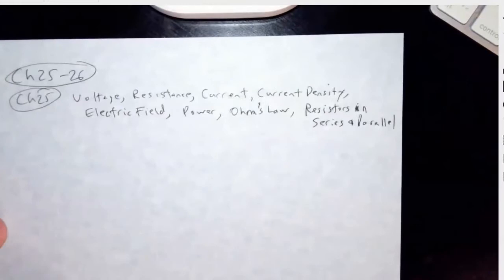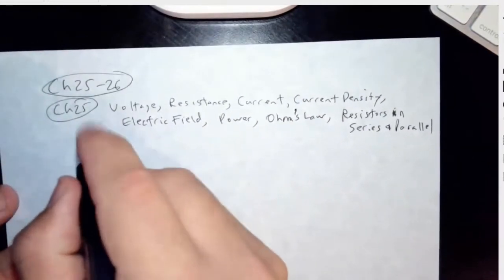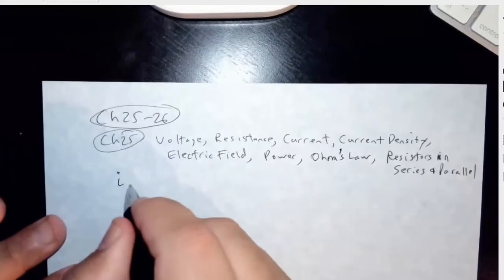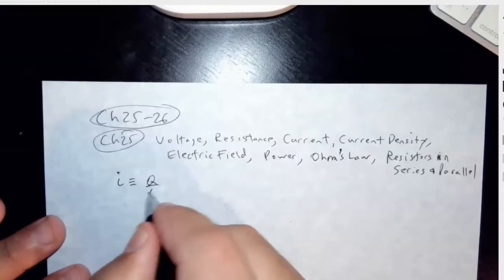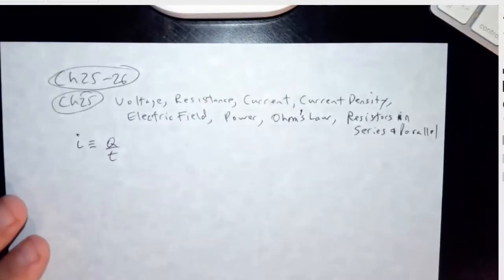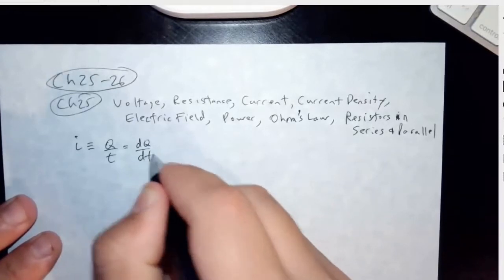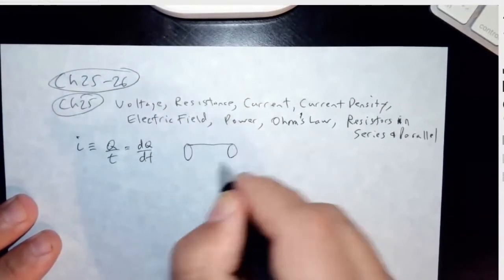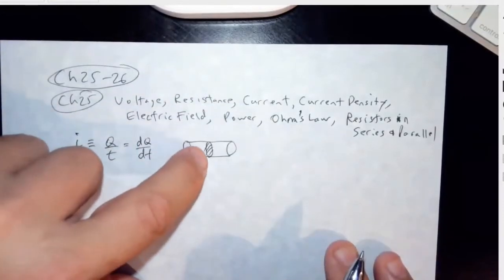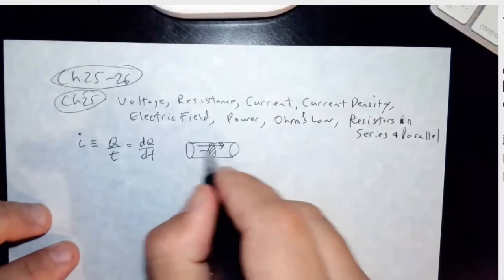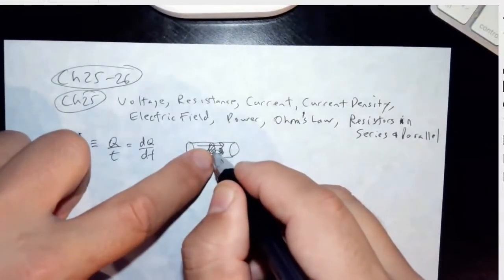Okay, cool. So we start with the definition of current. We can say current I is defined as the charge flowing through a wire per unit time. More specifically, it's the derivative of the charge. So if there's a wire like this, you're counting a certain cross-sectional area of the wire, how much charge is flowing through that area, right?